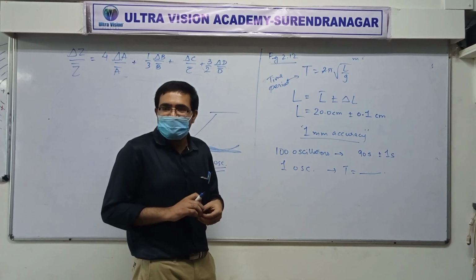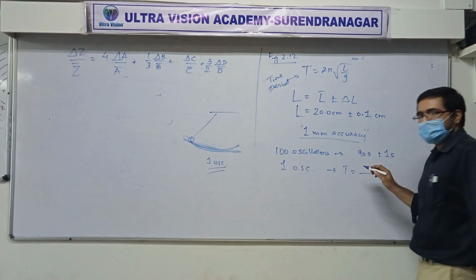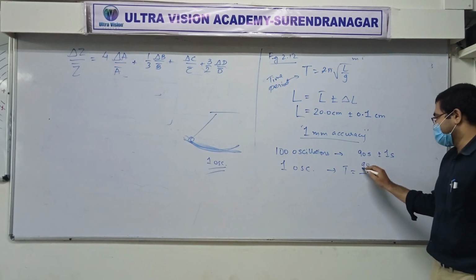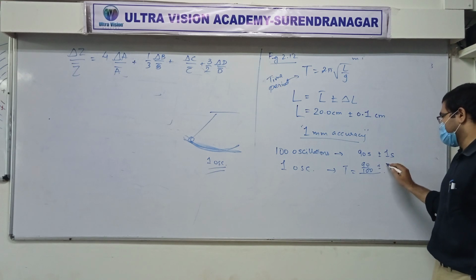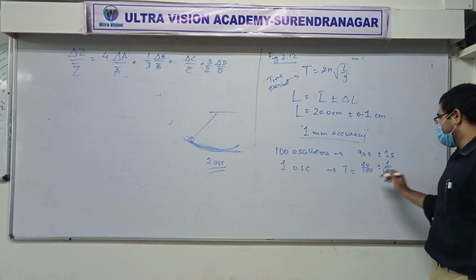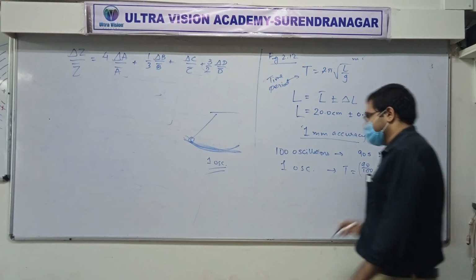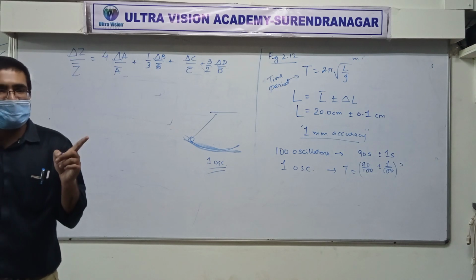Yes, Nama. 0.9. Say it in fractions, please. 90 by 100. Okay, and then error will also go with that. So 1 by 100. Did you all understand? Yes. 90 by 100 and plus or minus 1 by 100. Clear? Everyone? Clear or not clear?